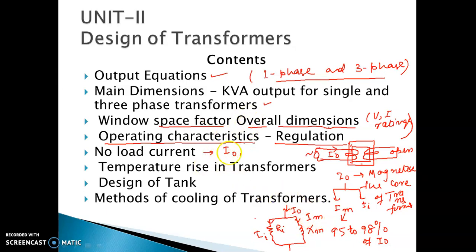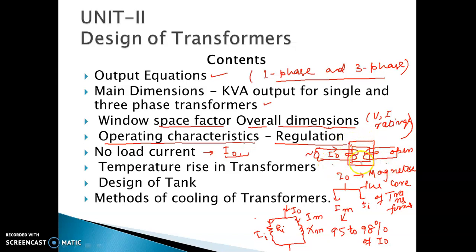The logic is that this no load current is utilized to magnetize the core of the transformer. If the core is not magnetized, the transformer will not work, because the medium between this side and this side is the core, and the core must be magnetized to transfer energy from the primary side to the secondary side.